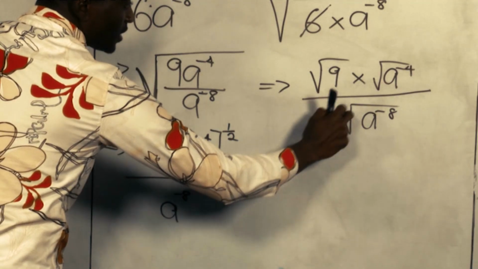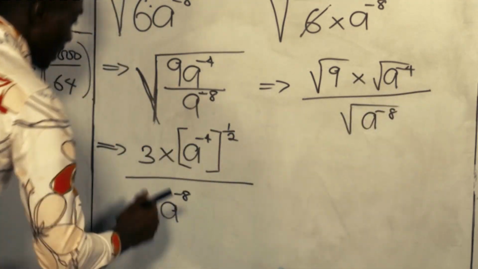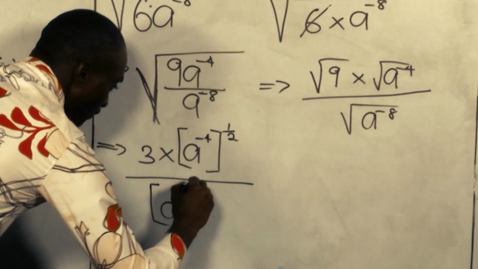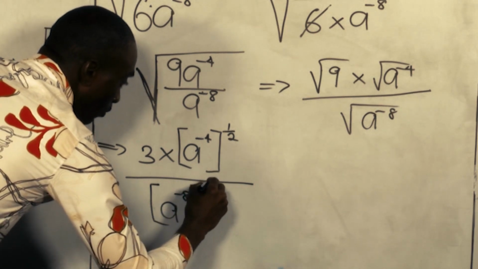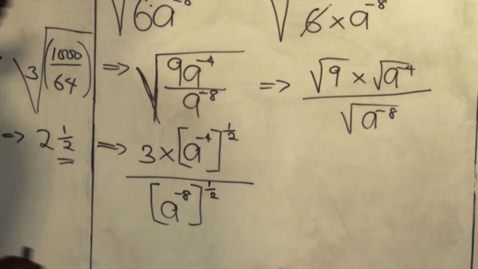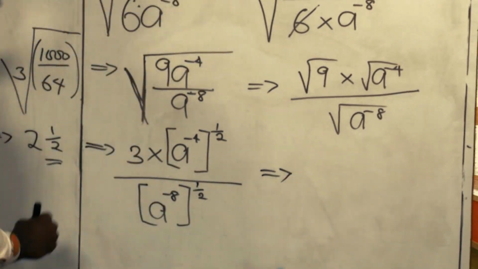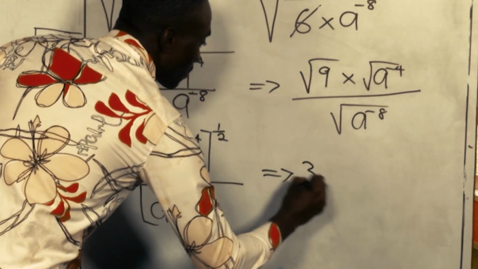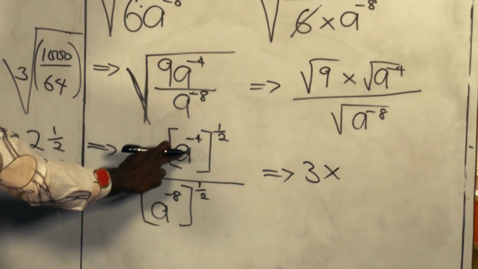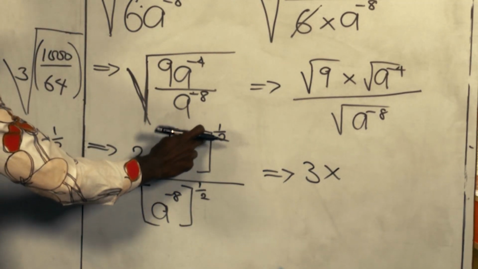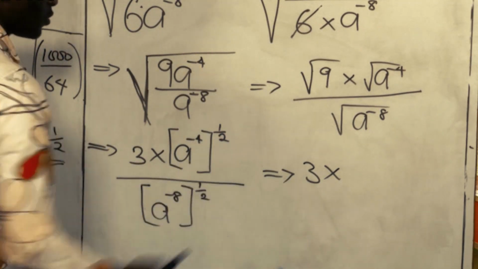Converting this square root to indices, we have 1 over 2. Now, this implies we have 3 multiplied by a raised to power minus 4 raised to power of 1 over 2.